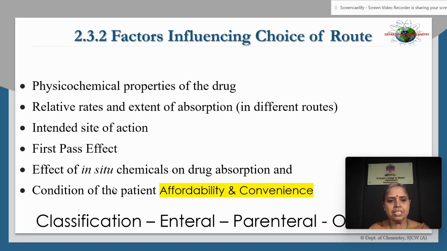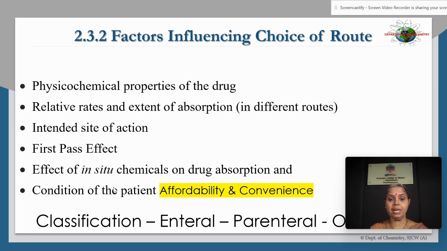So all these factors: physicochemical properties, relative rates of absorption, extent of absorption, intended site of action. Suppose the intended site of action is somewhere deep in the abdomen, in the form of an appendix, then you can't apply the drug in the form of a paste or a cream, right?